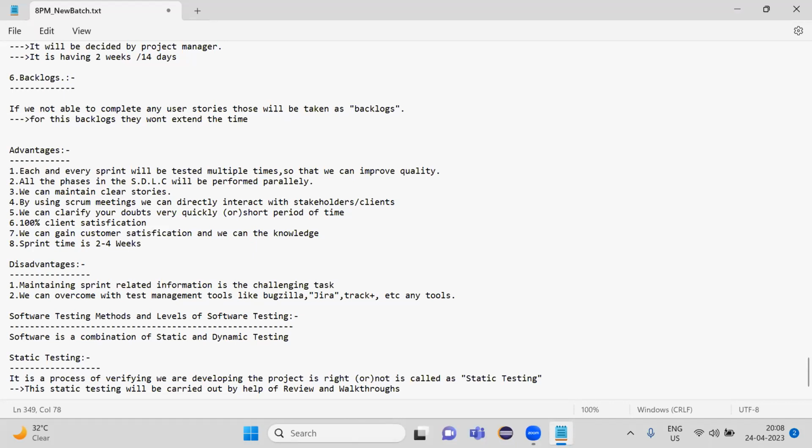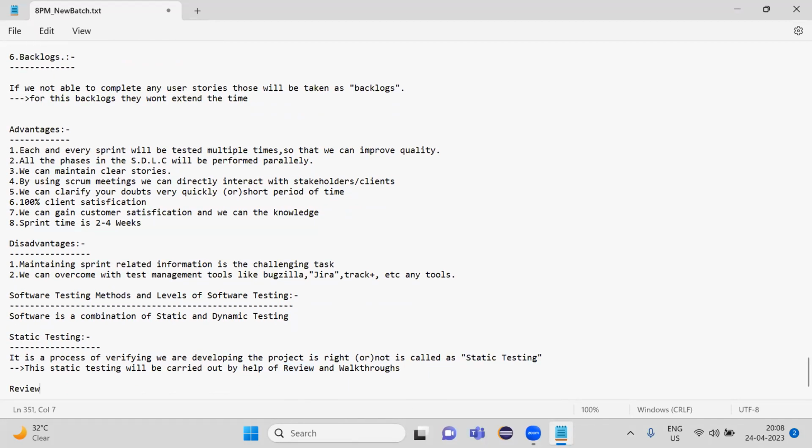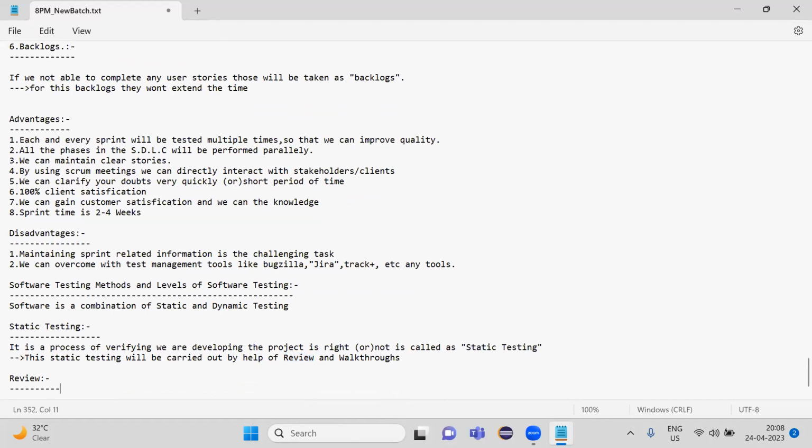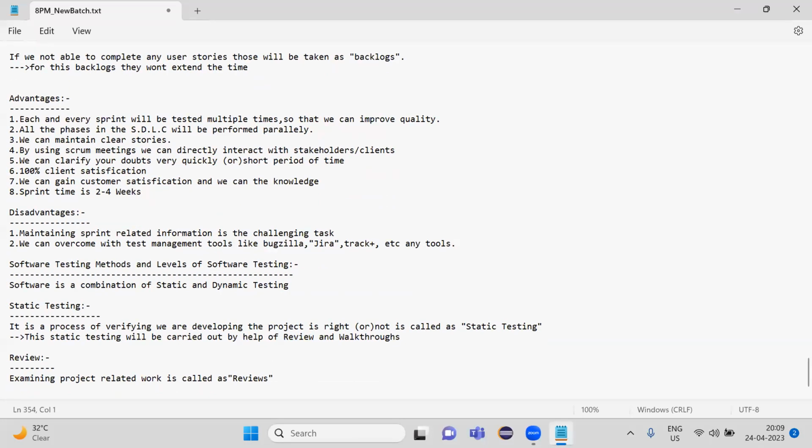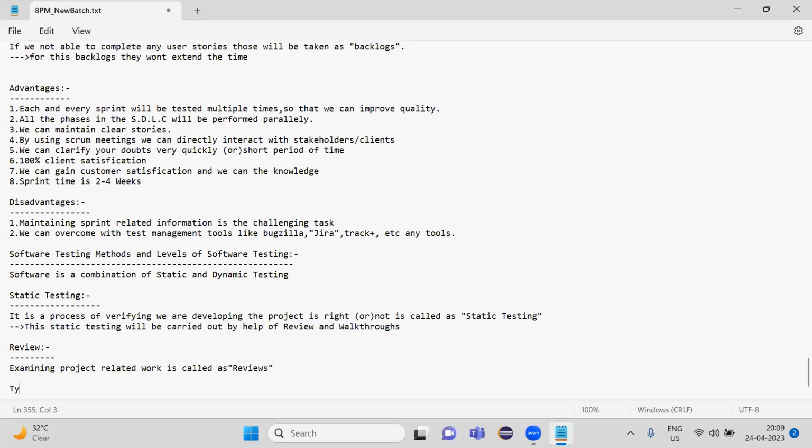How many types are there, guys? 5. Okay. First we'll go for the reviews. What is a review? Review is nothing but examining the project related work. Coming to reviews, how many types are there? 5 types of reviews.